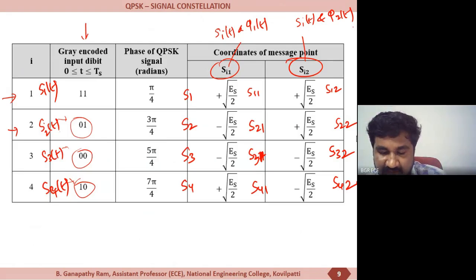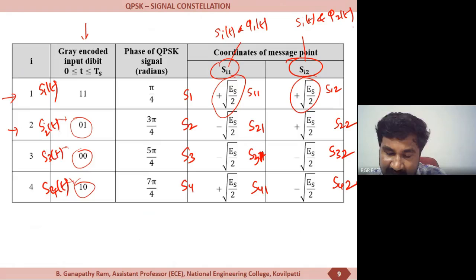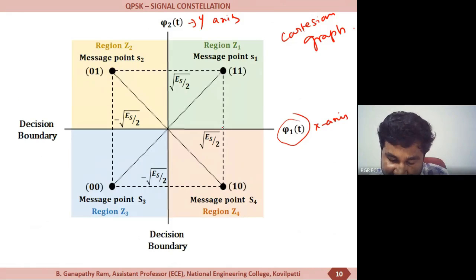So in the x-axis it is coordinating plus square root of Es by 2, and in the y-axis it is coordinating plus square root of Es by 2. So this is the point square root of Es by 2. This is the point in the y-axis having a magnitude square root of Es by 2.